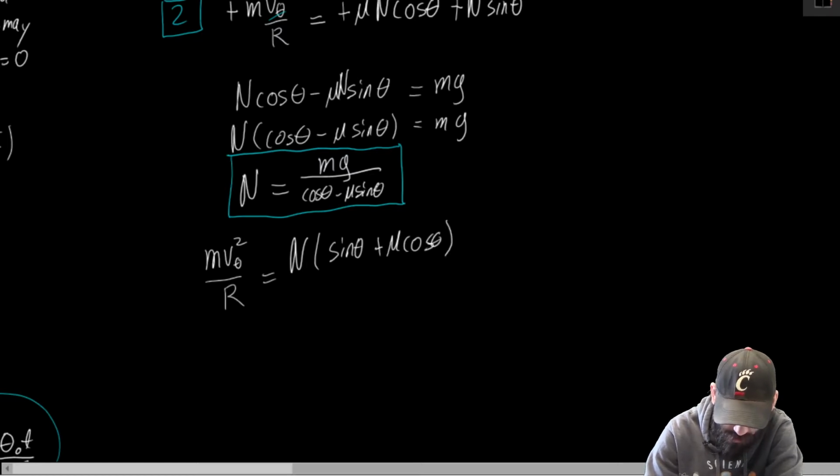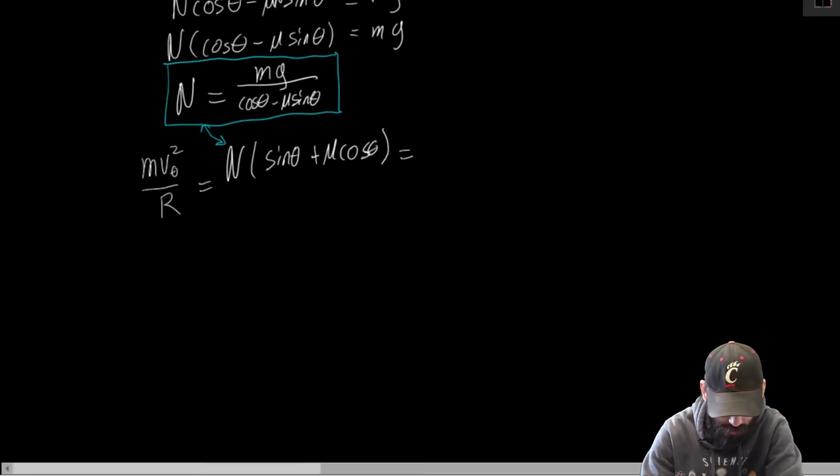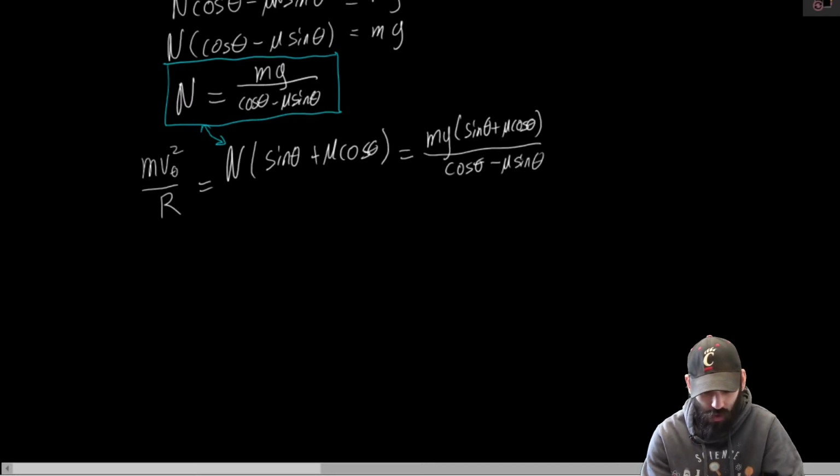And we're going to take this n that we solved for, and plug it in there. So when we do that, this is going to be equal to mg times sine of theta plus mu cosine of theta divided by cosine of theta minus mu sine of theta. Okay? And we're almost there.